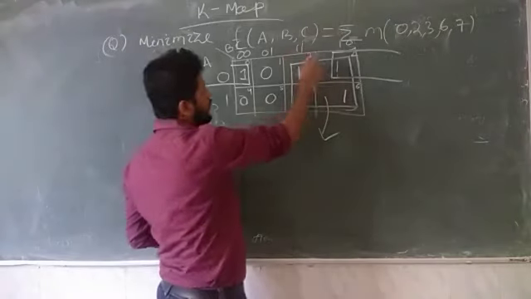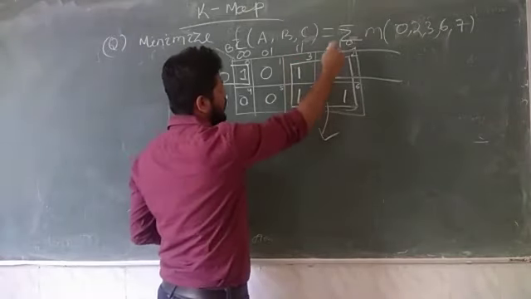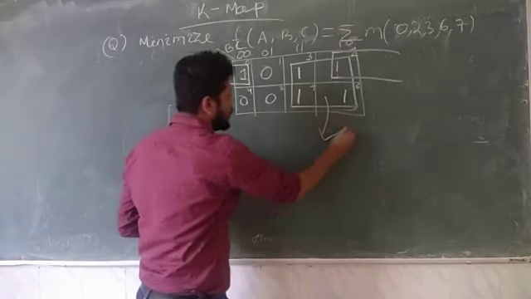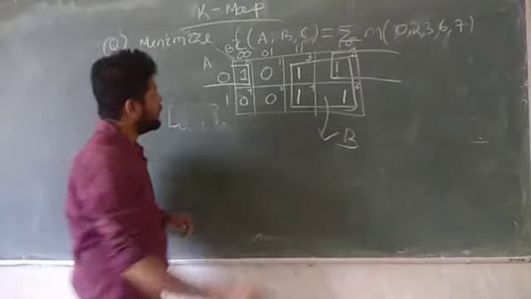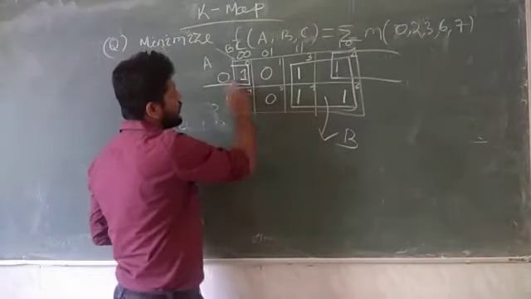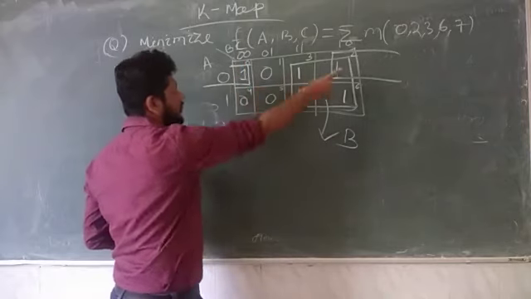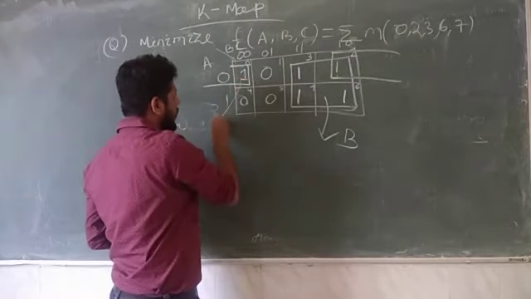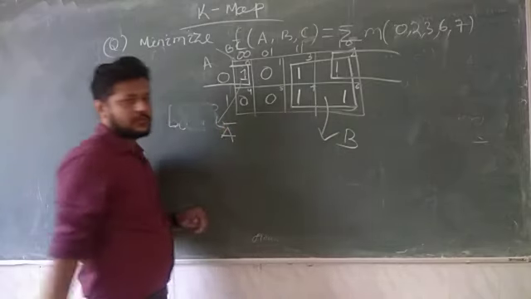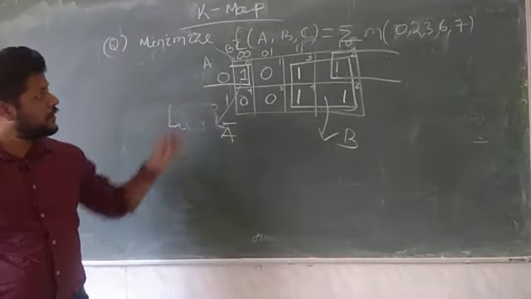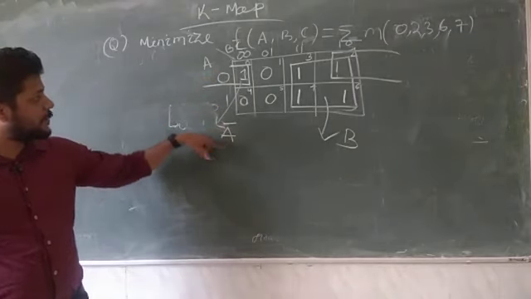Only the constant variable throughout the cells is B. Here B is 1, here also B is 1, hence this is B. Again for the combination of two cells, 0 is common, which means we have A bar, because this is sum of product. Here 0 is considered as variable bar, hence I take it as A bar.